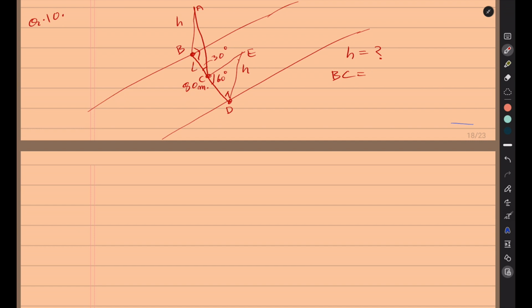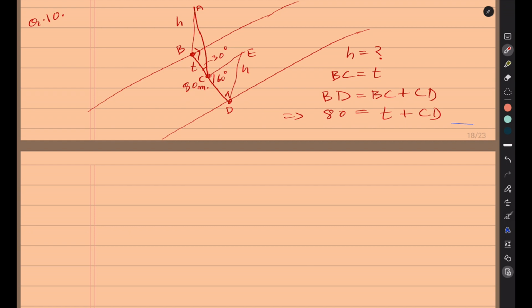BC, let us call t. Then we also want to find t. And we know that the width of the road is BD, which is equal to BC plus CD, that is t plus CD. But this BD is 80 meter.